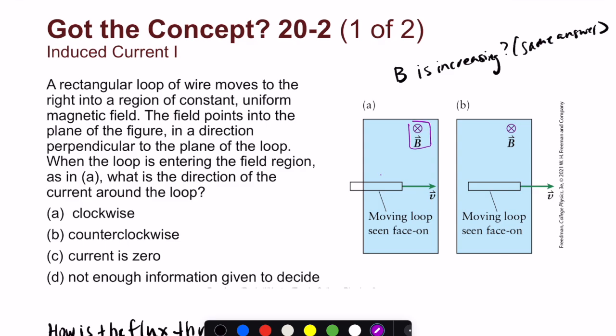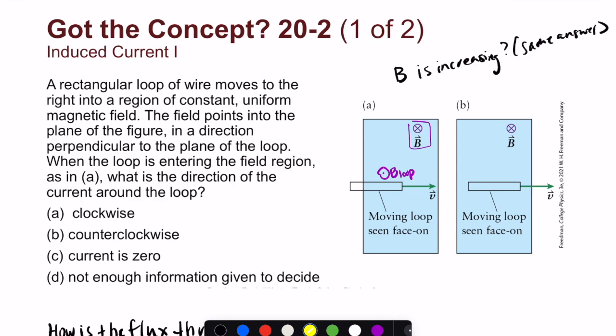So that would be out of the page. So this is B loop. That B loop is caused by the current moving around in this loop due to that changing flux. So now that we know B loop, we can figure out what direction the current flows.